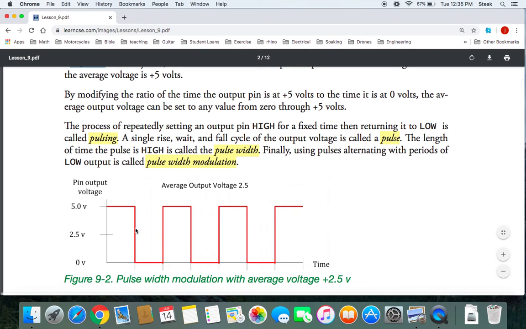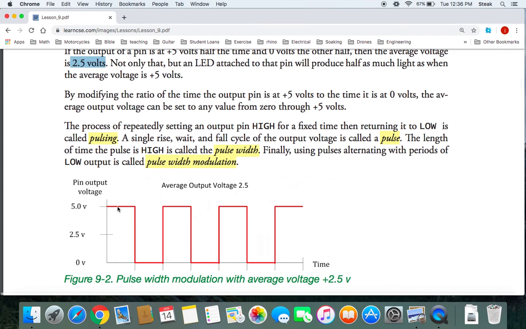It's pretty cool. So we've got a pulse here, which is the rise and fall, and it's this cyclical pattern. It's going 5 volts and then shutting off to 0 volts. 5 volts again, 0 volts.